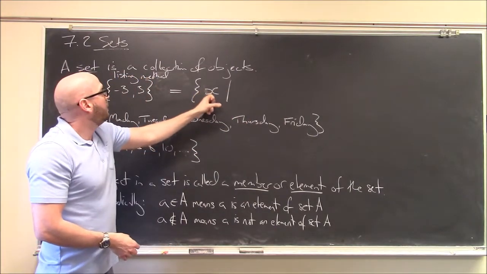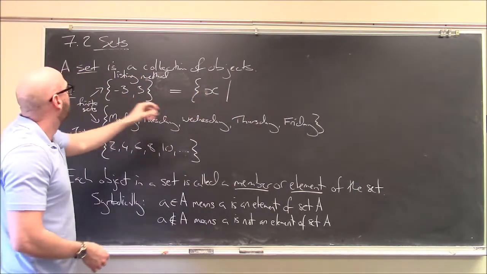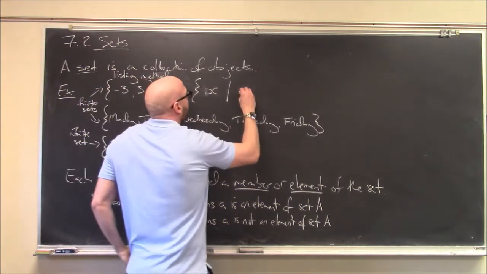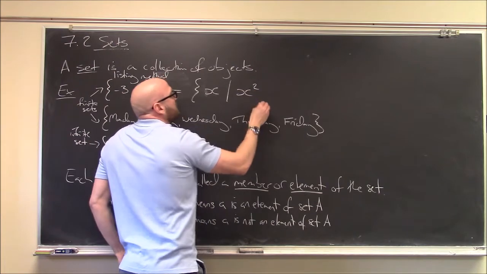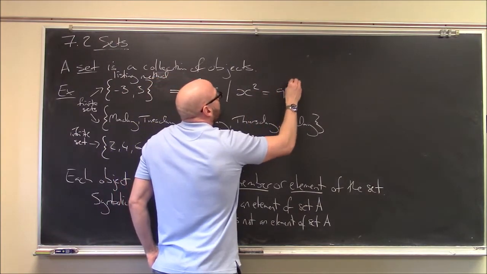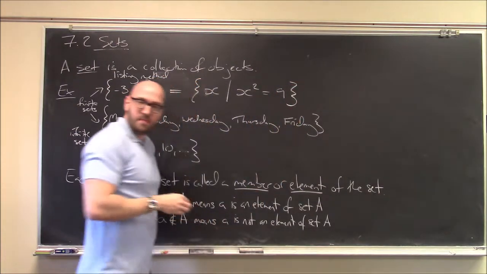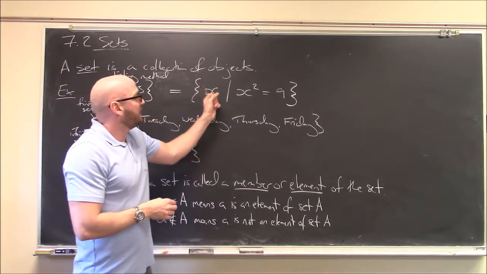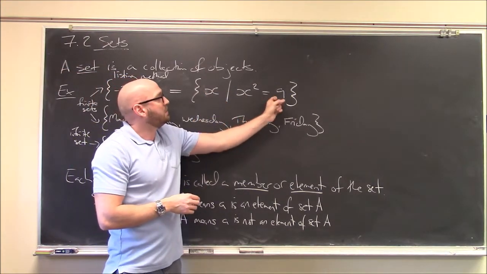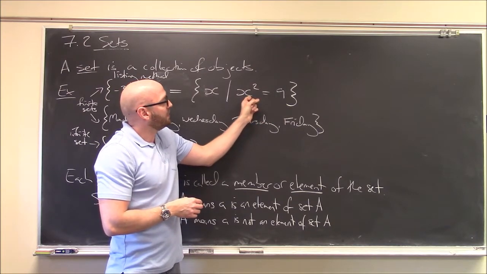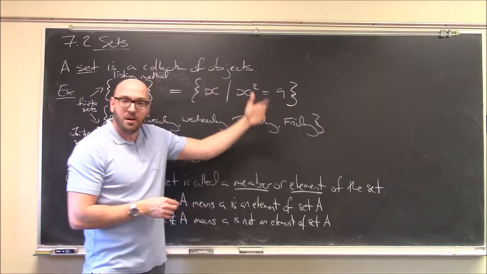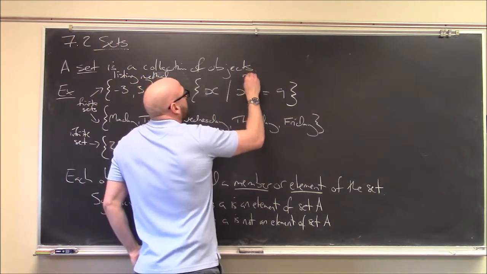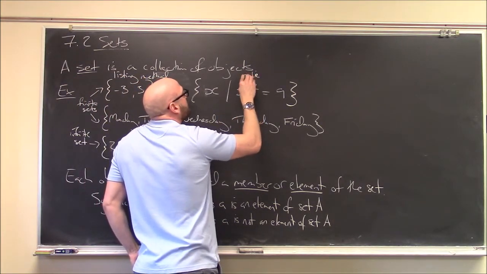So it's all elements x such that, when you square x, you get 9. What numbers x satisfy this equation? Well, the numbers x satisfying x squared equals 9 would just be plus or minus 3. So this is usually called the rule method for describing sets.